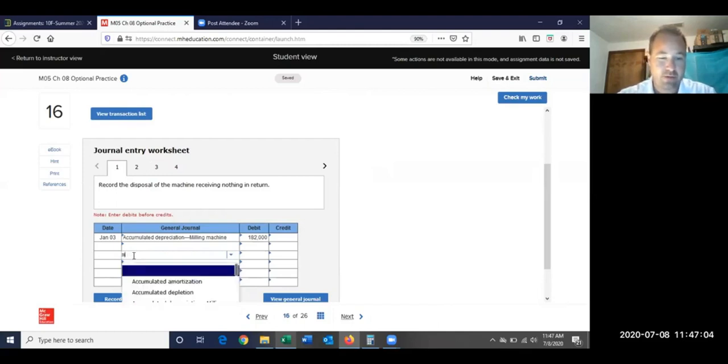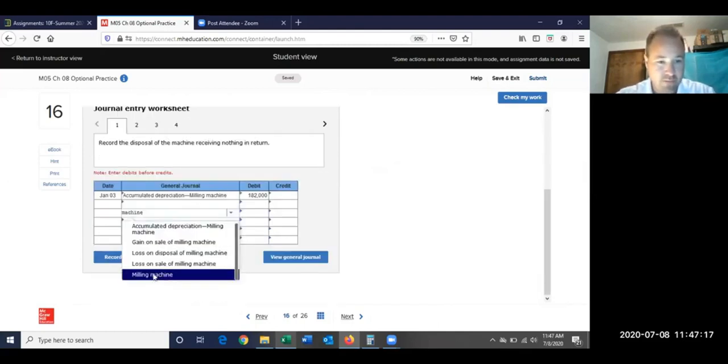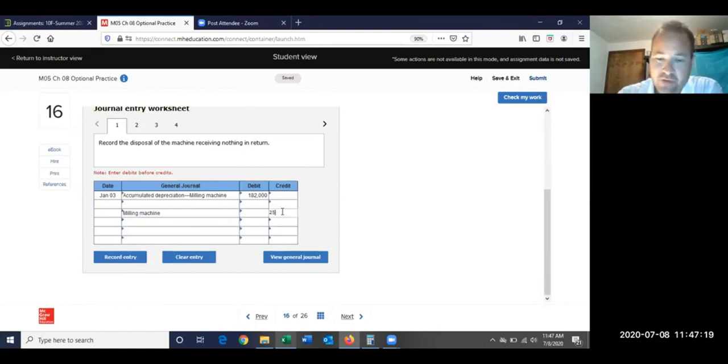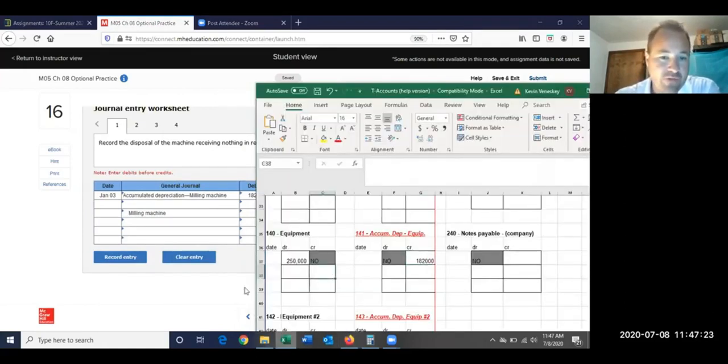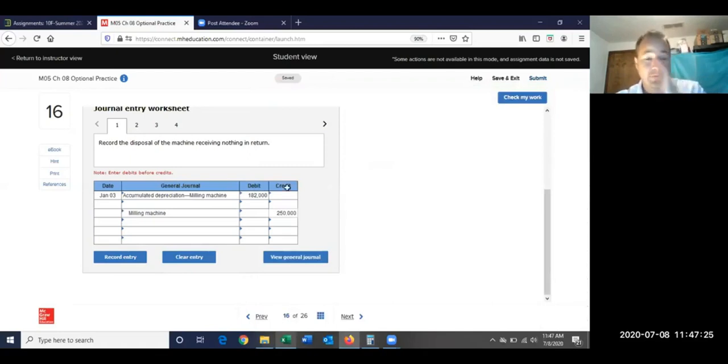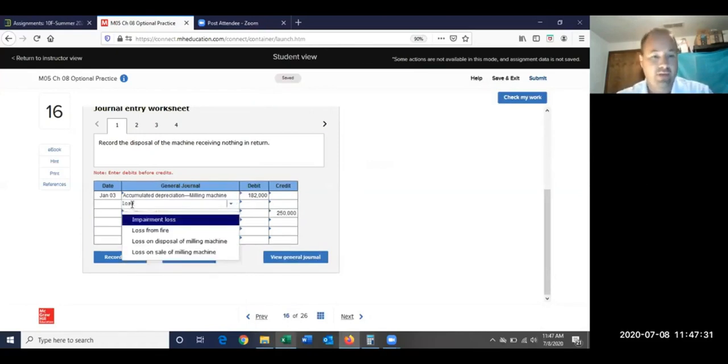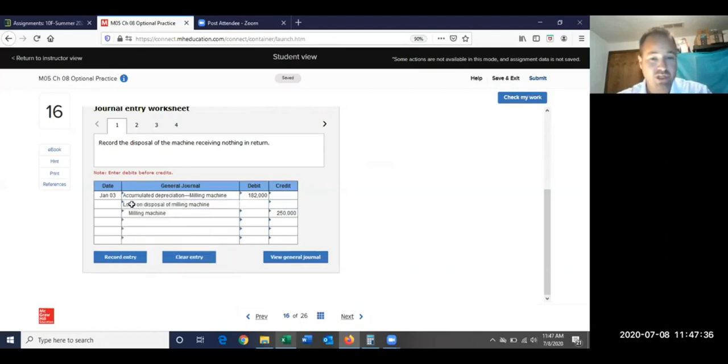They call it machine, 250 grand. I need to get rid of that, so I need to credit 250. Obviously, my debits don't equal my credits. The difference is a complete loss. I have a loss on disposal of the milling machine for the entire 68,000.